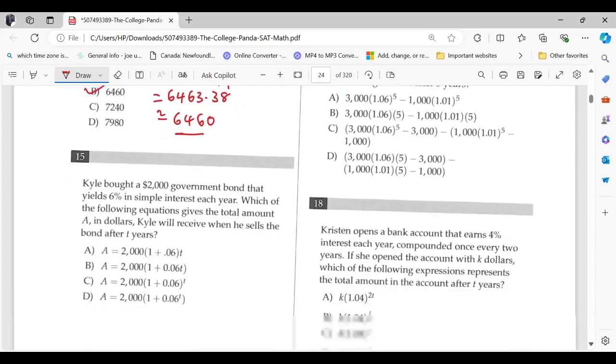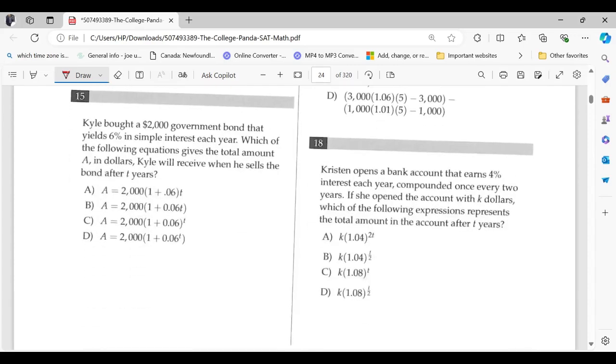Proceed to question number 15. Carry bought a $2,000 government bond that yields 6% in simple interest each year. Which of the following equations gives the total amount A in dollars that this fellow will receive when he sells the bond after 3 years?